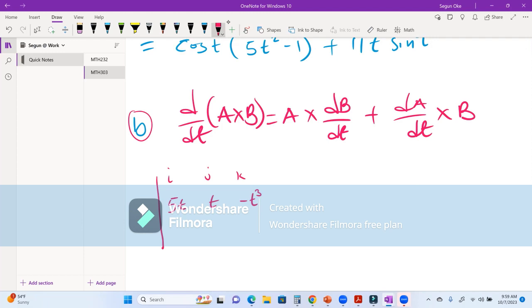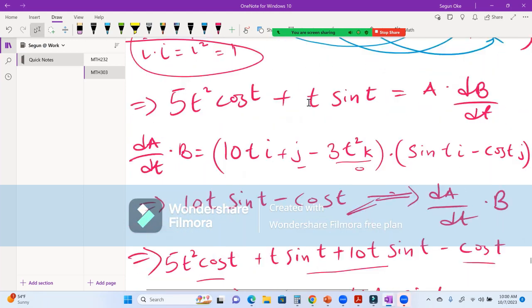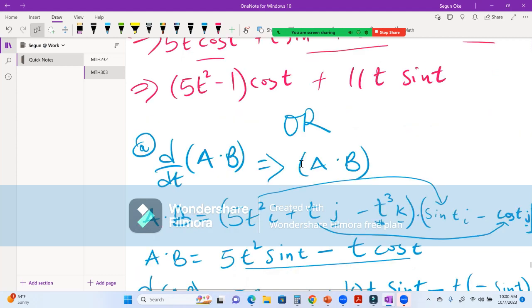What is dB/dt? We know it is here. The dB/dt is what? Cos t i plus sin t j, plus 0 k.